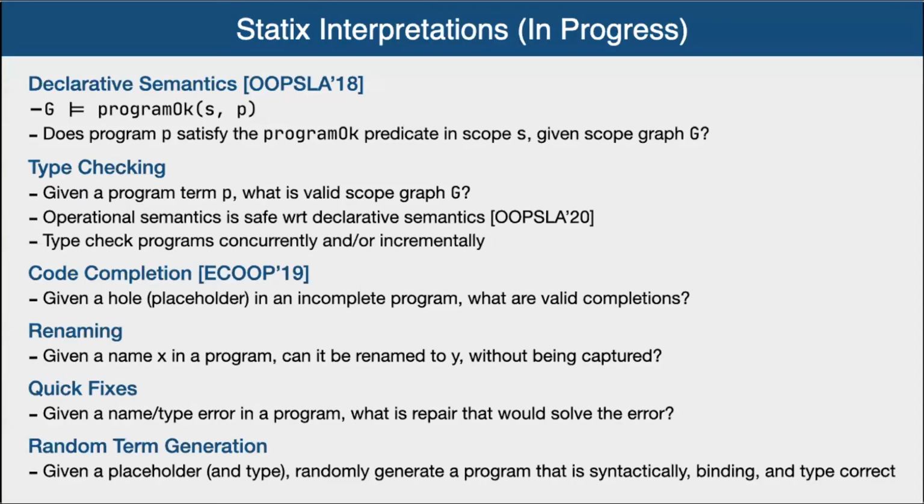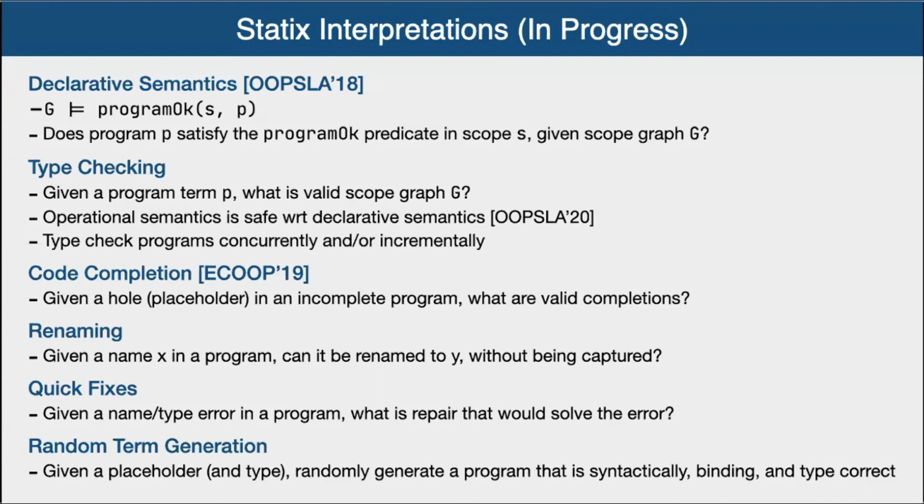So there are multiple interpretations, just as with SDF, there are multiple interpretations for statics. The default interpretation is first of all a declarative semantics: given a complete scope graph G, does a program P satisfy that specification? And then there are various interpretations.